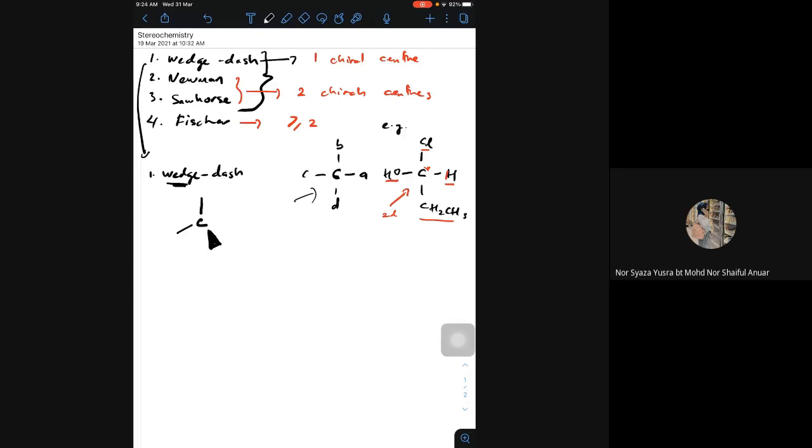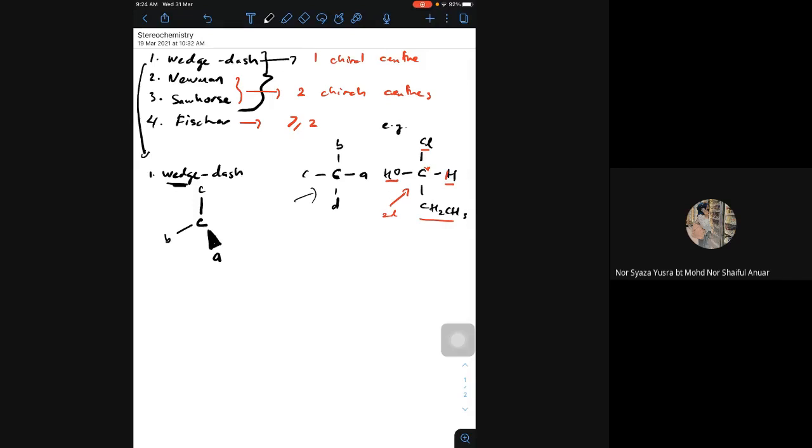This is from our eye angle, how we view the compound. So whatever atom is situated here, let's say I put A here, and then B and C, for example, atom A or group A is sticking out and pointing towards you. But the carbon still maintains its tetrahedral shape.